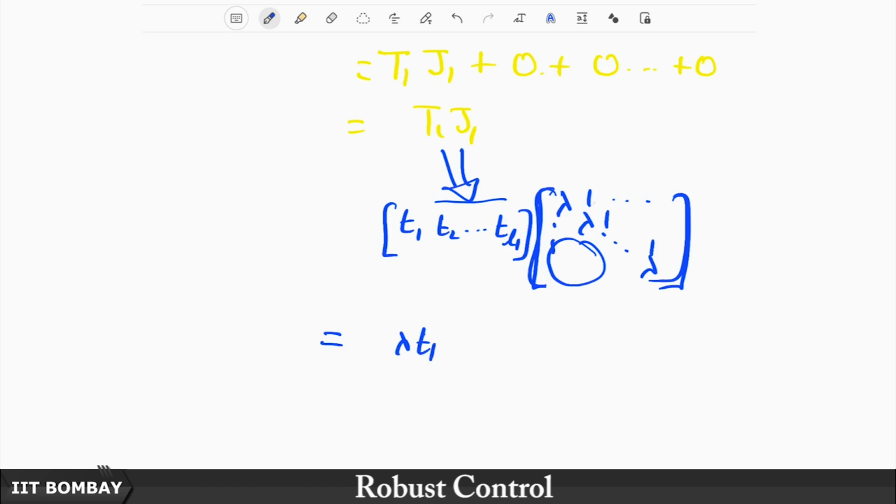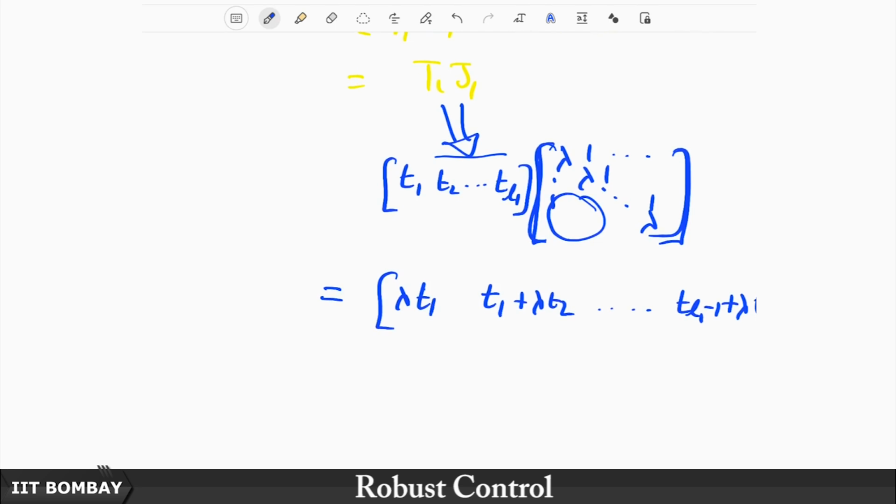That is basically it. What I get the second time I operate this is going to be T1 plus lambda times T2. Finally, what I would get is TL1 minus 1 plus lambda times TL1. That is what I am going to get, is it not? And on the right hand side, what did I have?